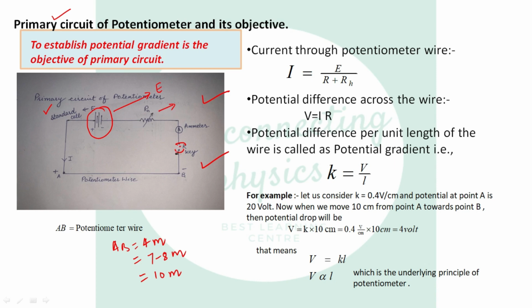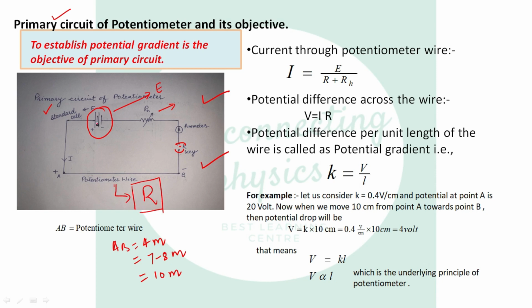We also know the length of the potentiometer wire, whether it is 4 meter, 7 to 8 meter, or 10 meter long, and the resistivity or resistance of the potentiometer wire is also known.